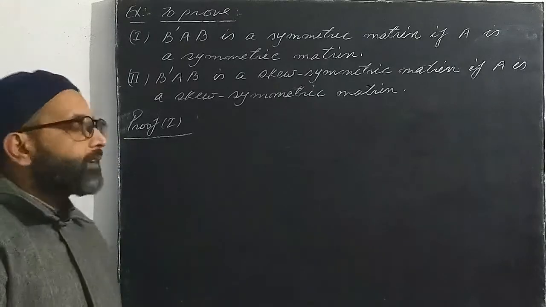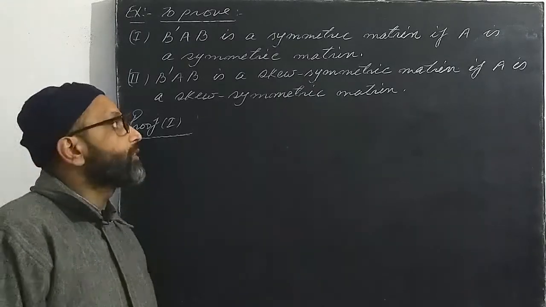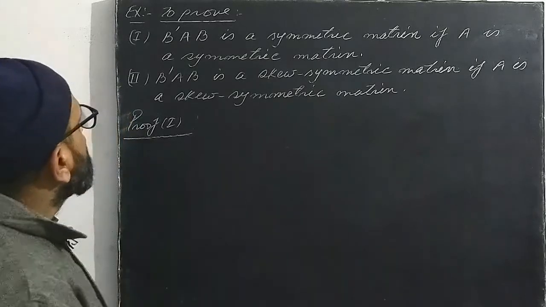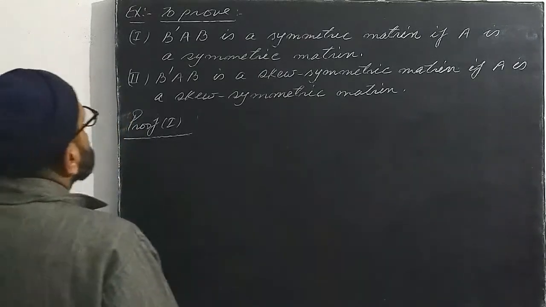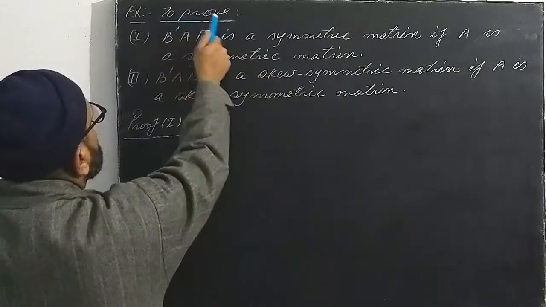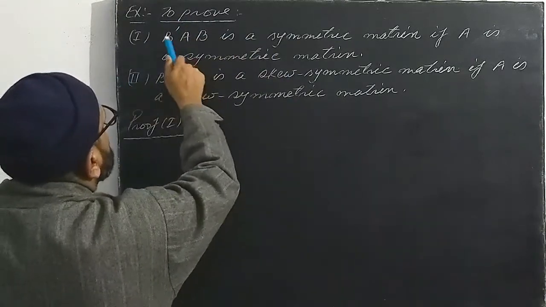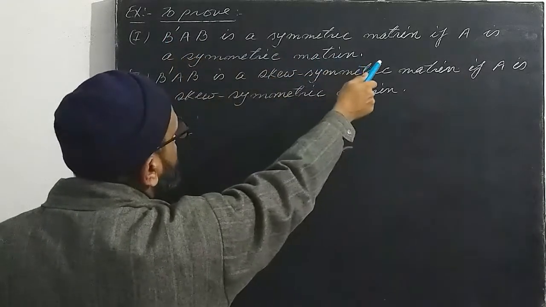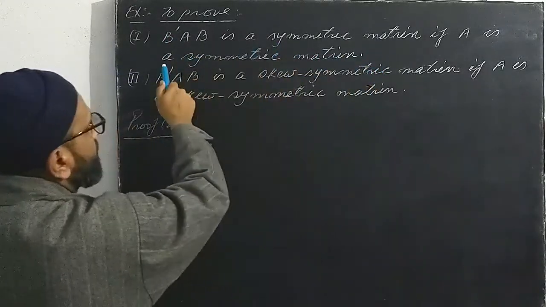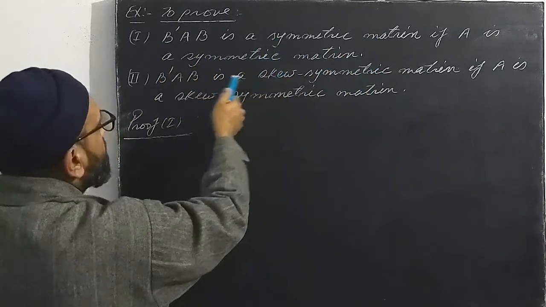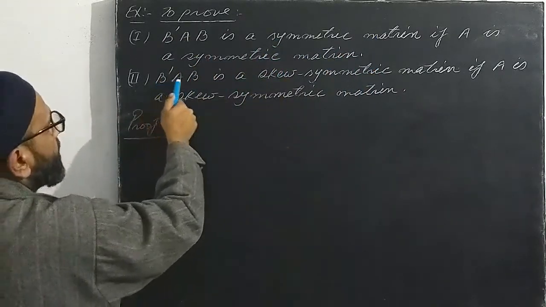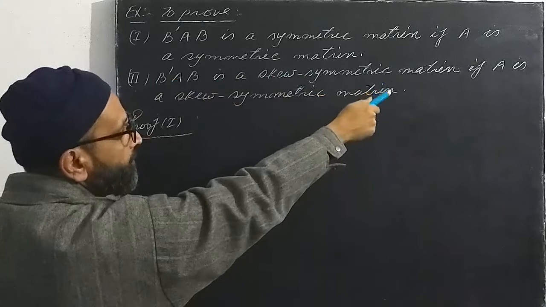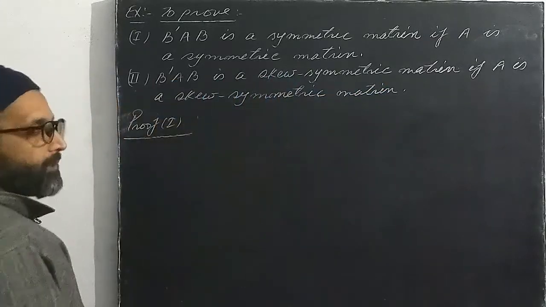Now we have taken the third important question, which is also a language problem. So what is this? We have to prove two conditions. The first is B'AB is a symmetric matrix if A is a symmetric matrix. And the second is B'AB is a skew-symmetric matrix if A is a skew-symmetric matrix.